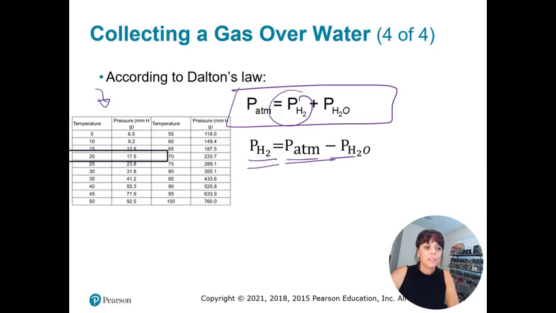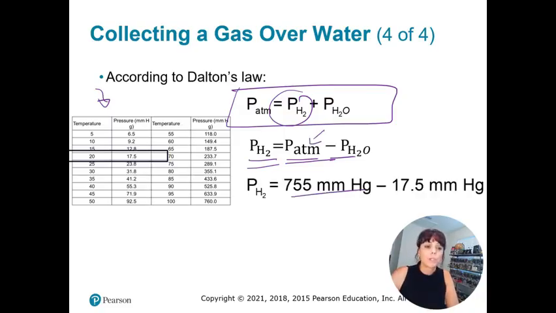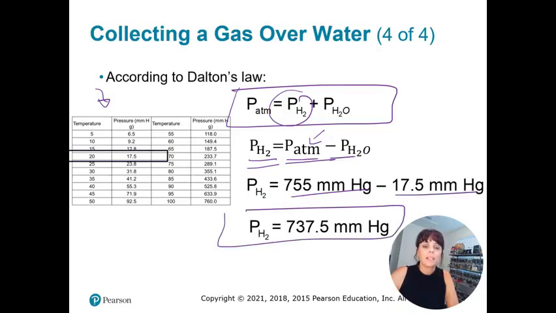We have the 17.5 millimeters mercury. Now I'm going to put the atmospheric pressure that was given by the problem, 755 millimeters mercury, minus 17.5. Now I have the pressure of hydrogen over here. Good? Pretty easy, but you need to know the concepts.